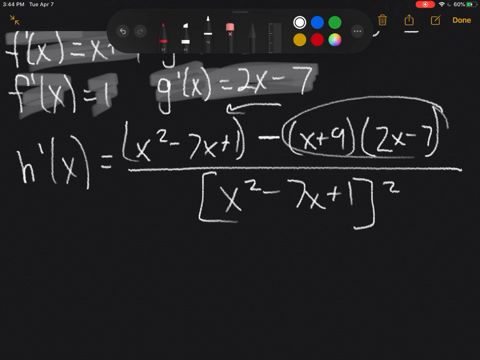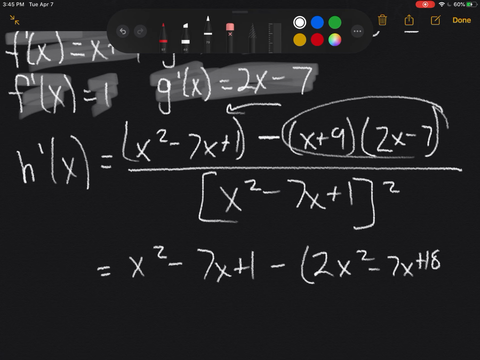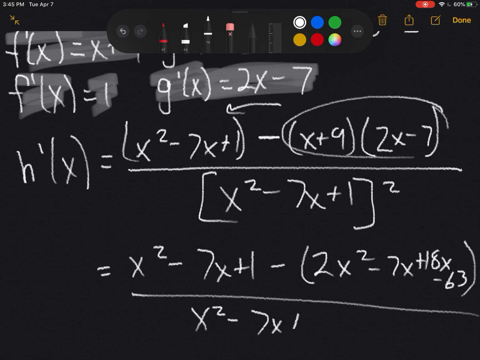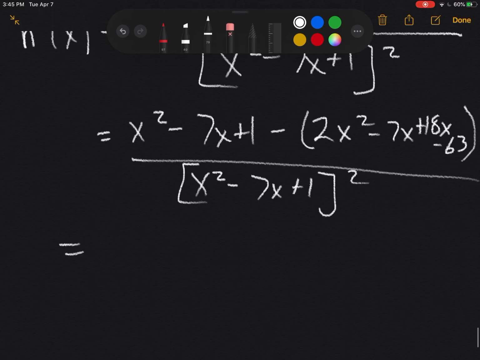I see that there's some simplifying I can do here, because if I multiply these two binomials, I will get a quadratic, which will probably simplify a little bit with this quadratic here. So I'm going to go ahead and do that. x squared minus 7x plus 1 minus, I'm just distributing here, 2x squared minus 7x plus 18x minus 63, and that's all over (x squared minus 7x plus 1) quantity squared.